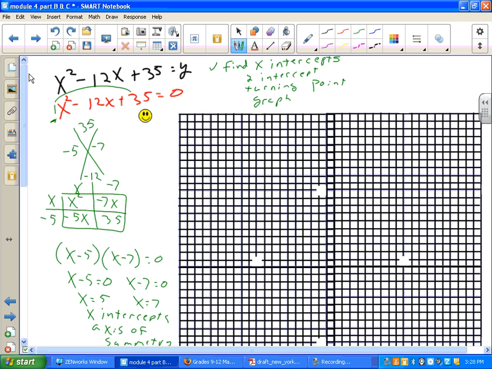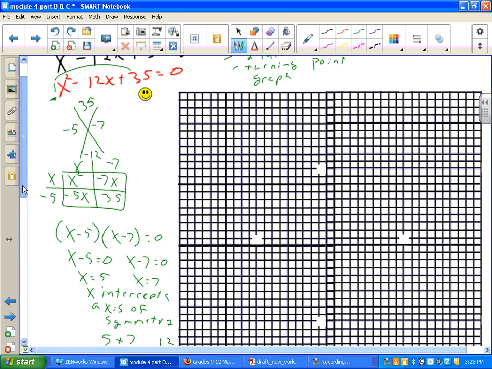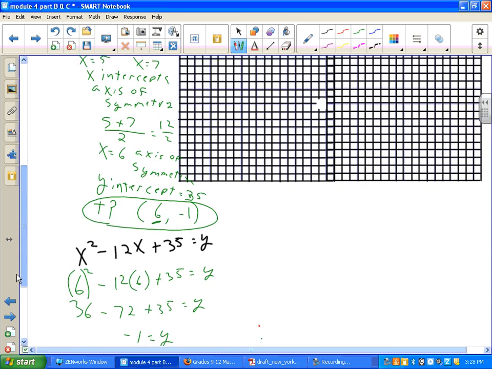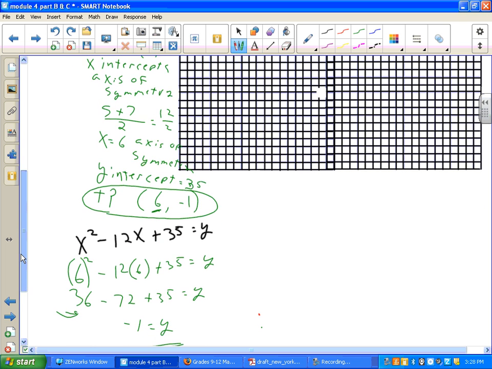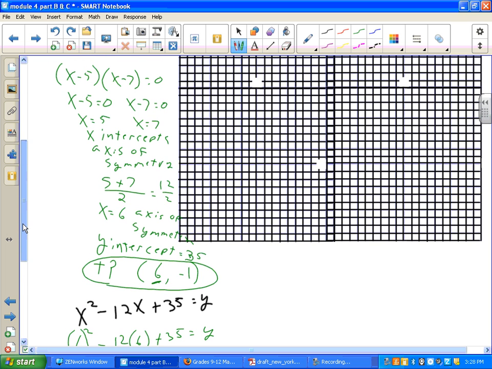I found the x-intercepts, I found the y-intercept, I found the turning point. Now let's graph it. Okay, if we notice that -1 is the lowest that it goes, right here. However, 35 is the highest that it goes because that's the y-intercept. The y-intercept is 35.